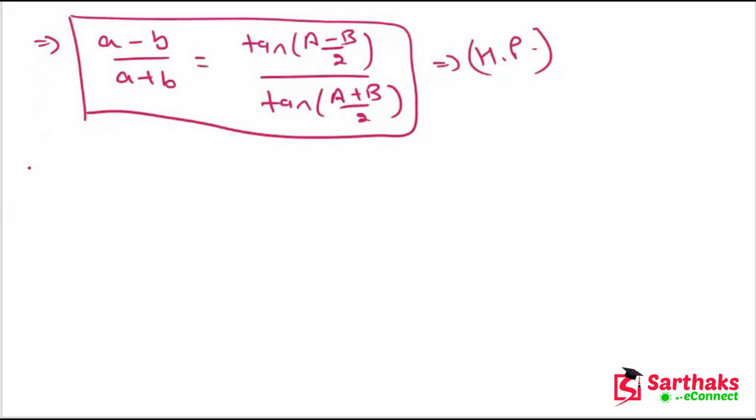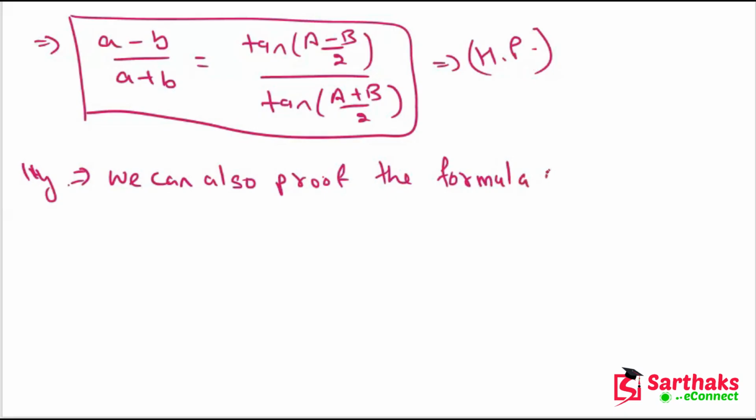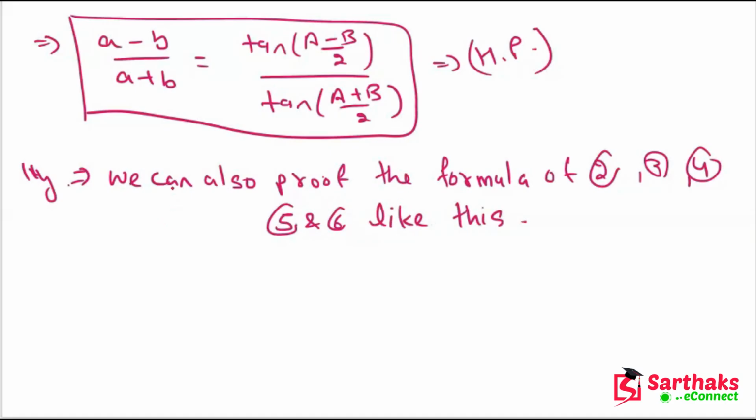So similarly we can also prove the formula of sec 2, 3rd, 4th, 5th and 6th, like this. Okay, my dear friends, this is the proof of the tangent rule. I hope you get this point.